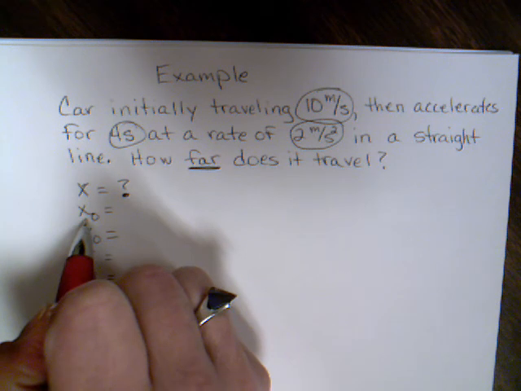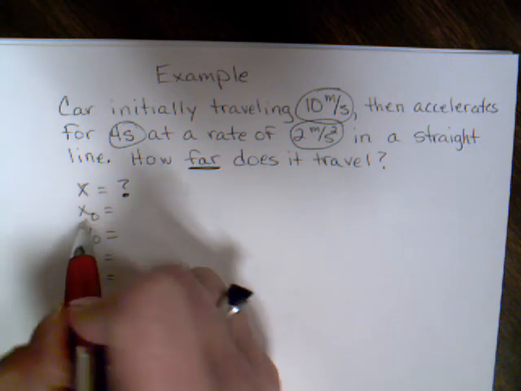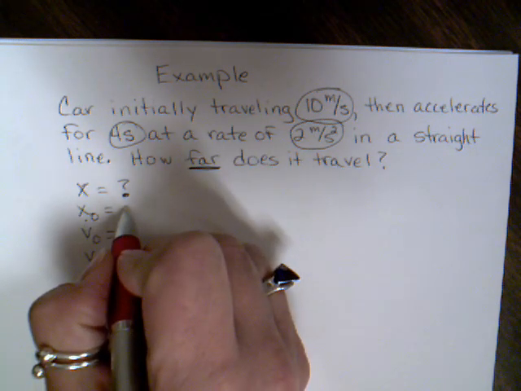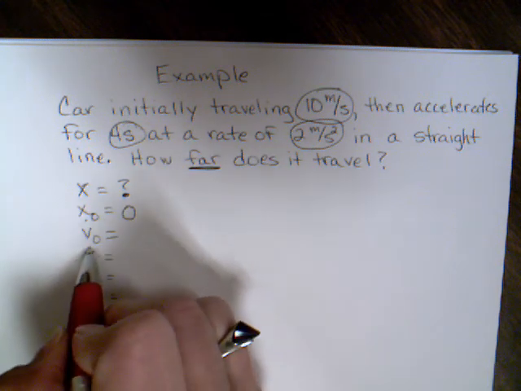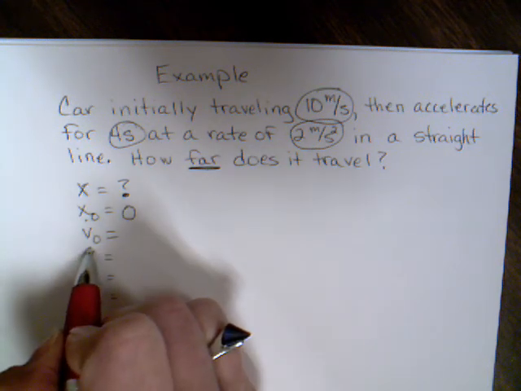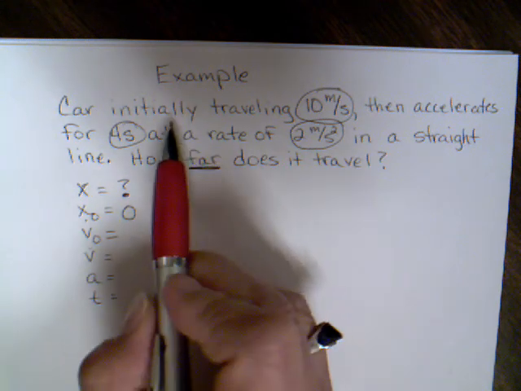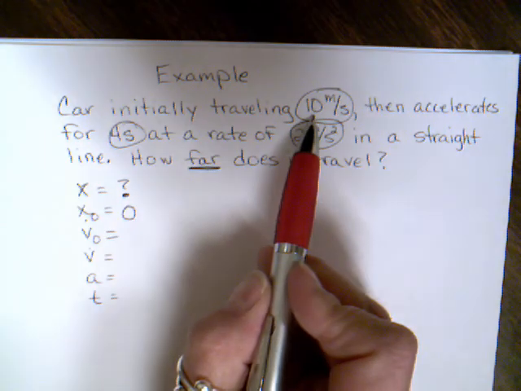I can assume in this question that I'm starting at 0. My initial velocity says that I was initially traveling 10 meters per second.